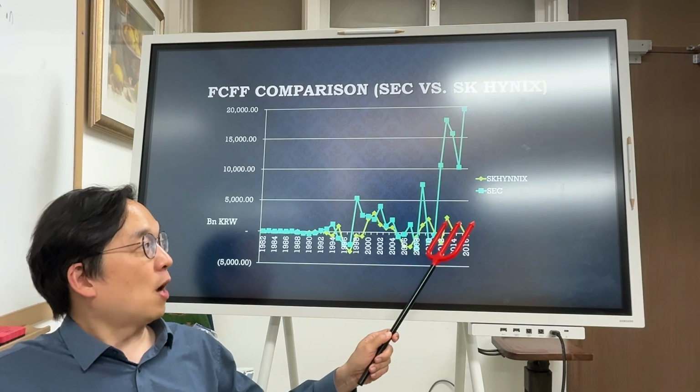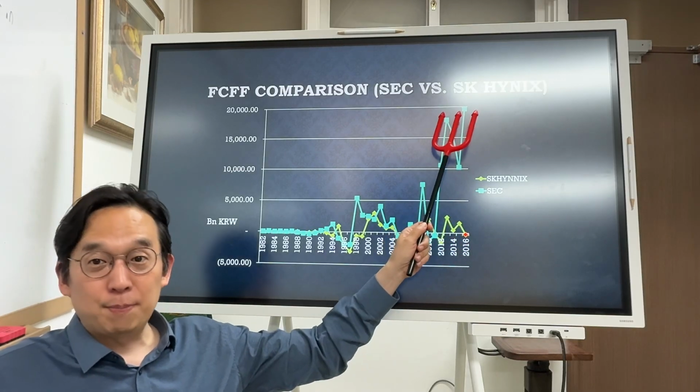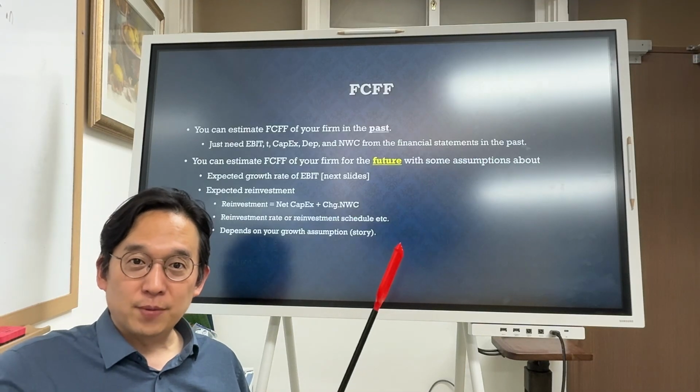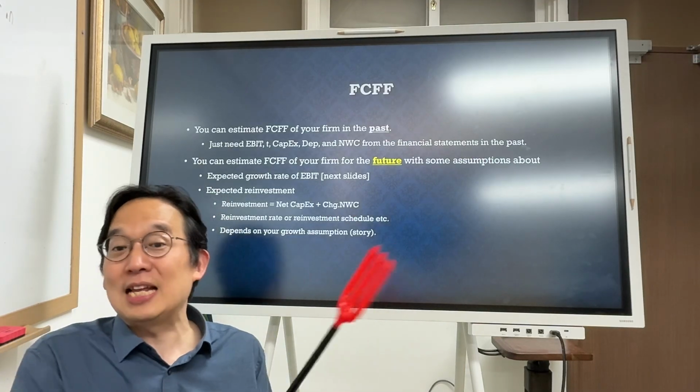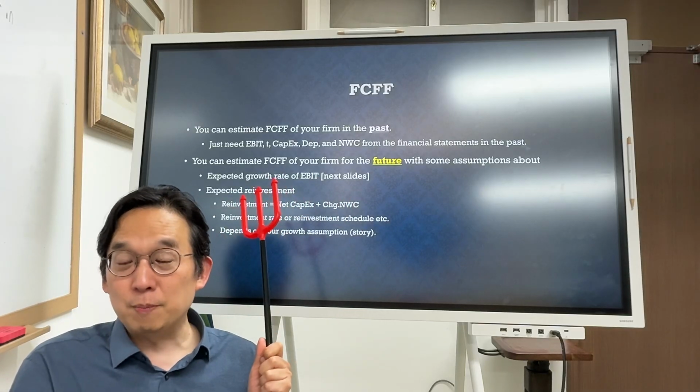But in the upcycle, SK Hynix is not as comparable to Samsung Electronics, right? That's something to notice.